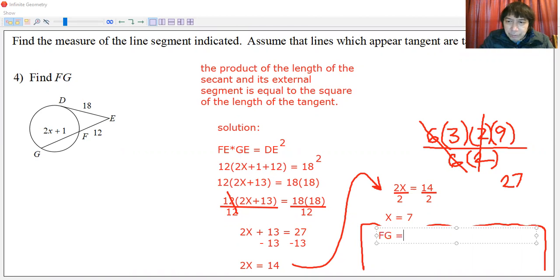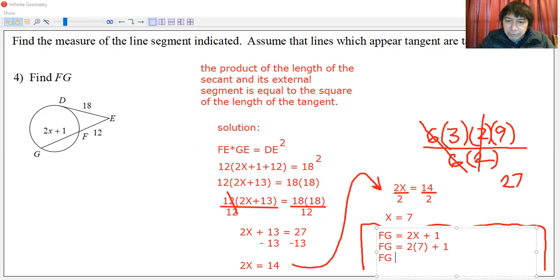FG is equal to the expression 2x plus 1. You can see from the diagram. And we can now use the value of x that we have, which is 7. So we can use it here. 2 times 7 plus 1. There. All right, so it looks like we have the final answer.